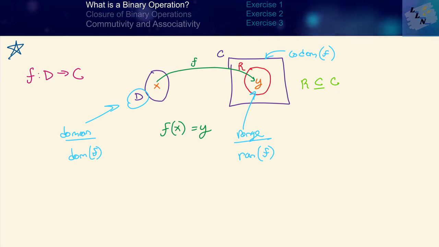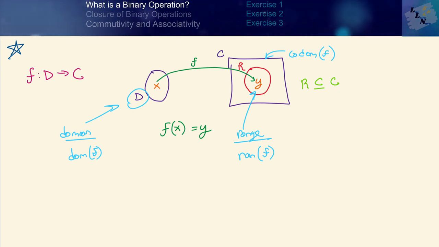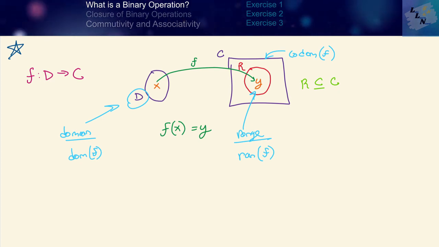So the codomain is the set of all allowed values for the output of the mapping F, and R is the set of all possible outputs that are obtainable from elements of the domain D.